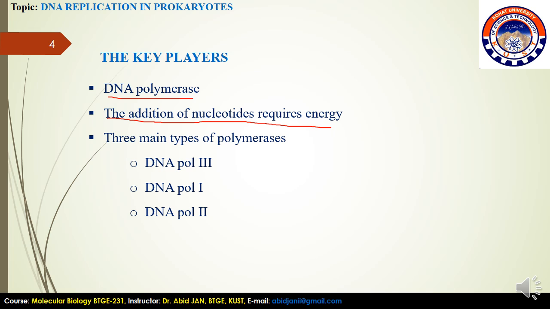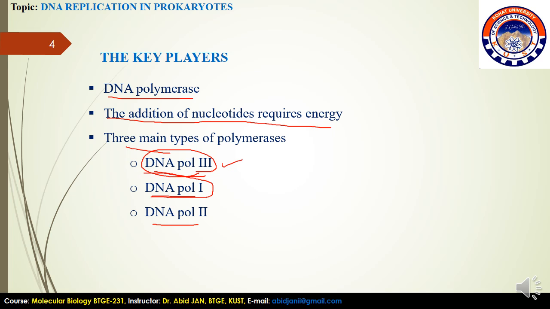In prokaryotes, three main types of polymerases are known: DNA pol 3, DNA pol 1, and DNA pol 2. It is known that DNA pol 3 is the enzyme required for DNA synthesis.